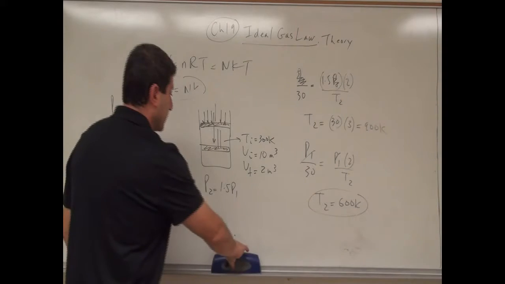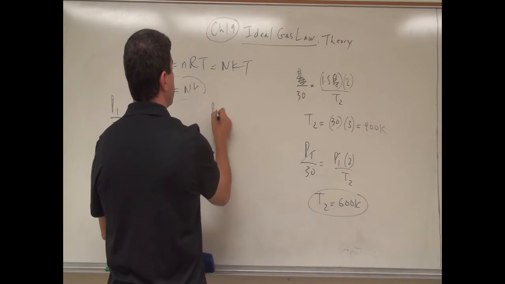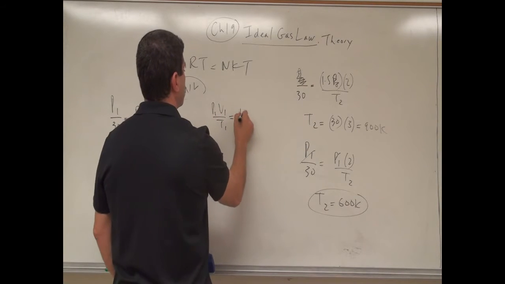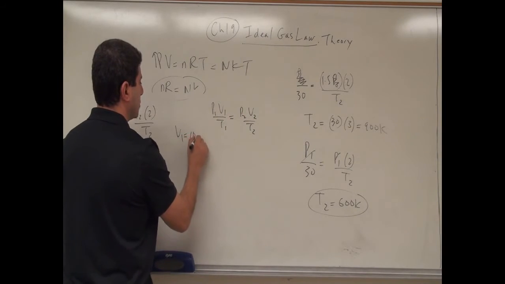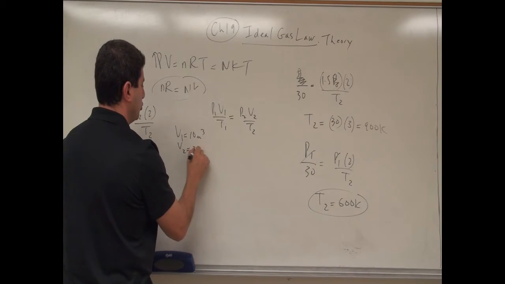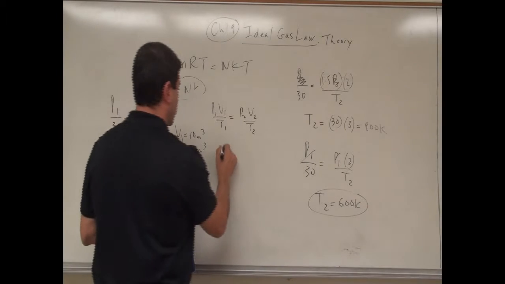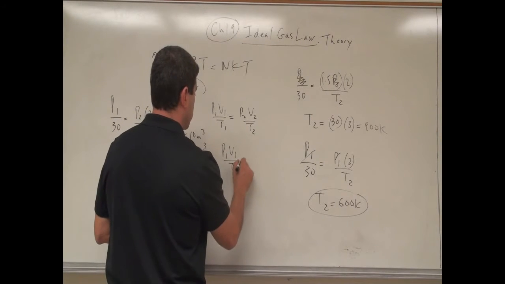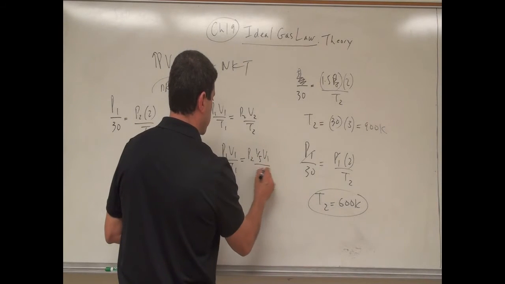That makes sense. Let's analyze this a little bit more in detail to see why that makes sense. We have P1 V1 over T1 is equal to P2 V2 over T2. V1 was 10 meter cubed, and V2 was 2 meter cubed, so V2 is equal to 1/5 of V1. So we have P1 V1 over T1 equal to P2 times 1/5 of V1 over T2.